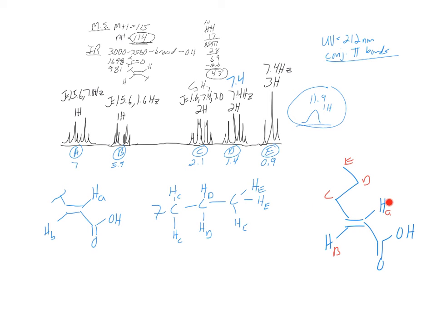So even though they're 4 bonds away, sometimes they can talk to each other. Notice how this coupling constant is really small? Sorry, no, I'm wrong. One of these is talking to each other. Maybe I have A and B wrong. I have to switch those around. A and B need to be switched.